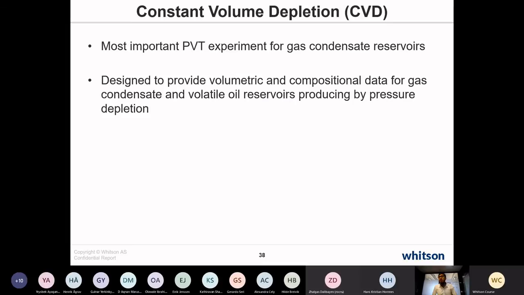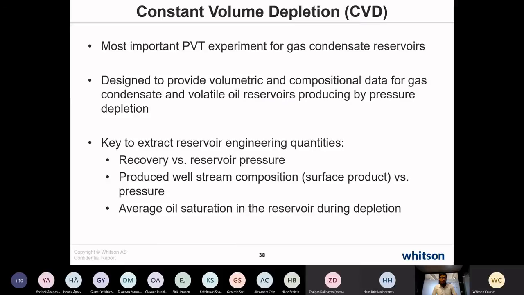In volatile oils, as soon as you start depleting below the bubble point, there is a large proportion of the equilibrium gas phase that you start producing, and the CVD experiment is giving you the well stream composition close to that actually.